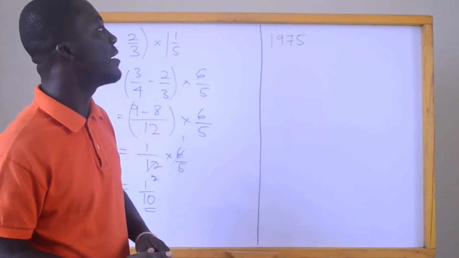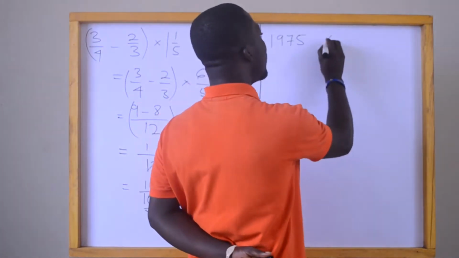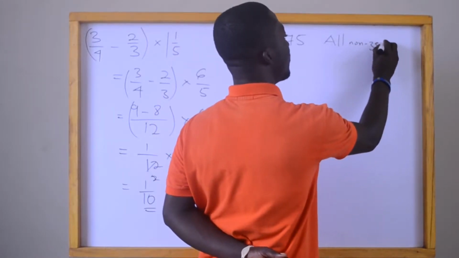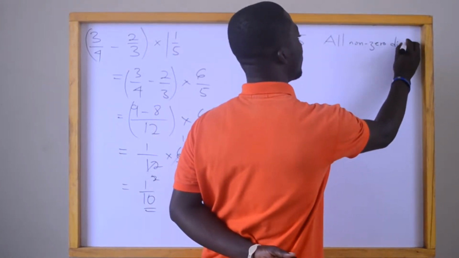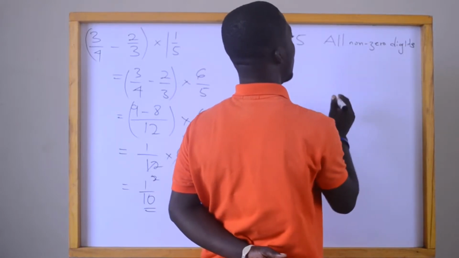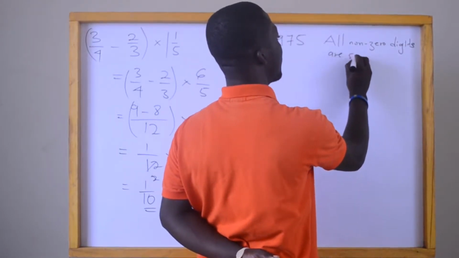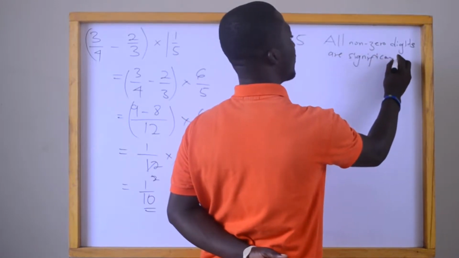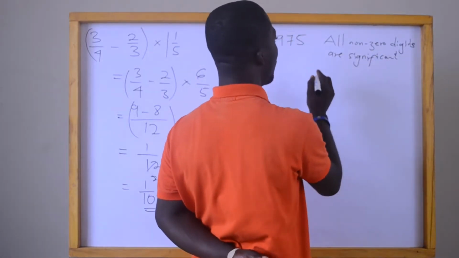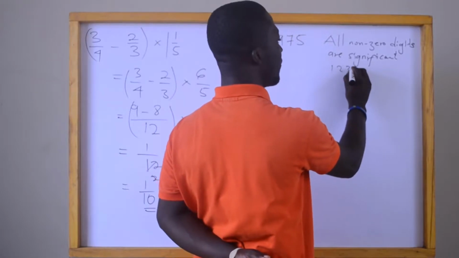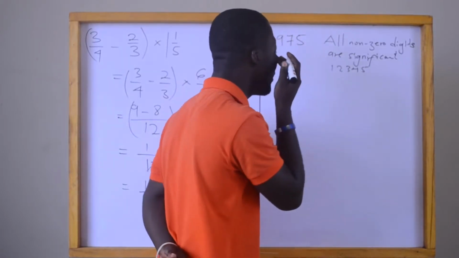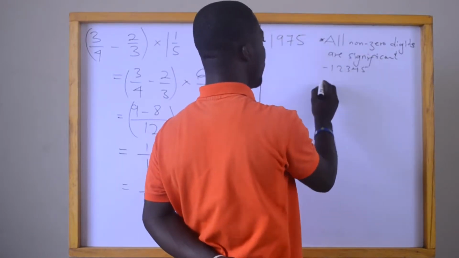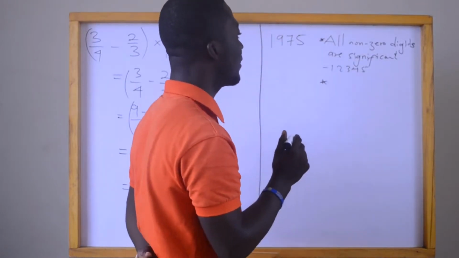The first rule states that all non-zero digits are significant. Example, we have 1, 2, 3, 4, 5. They are all non-zero digits. They are significant.